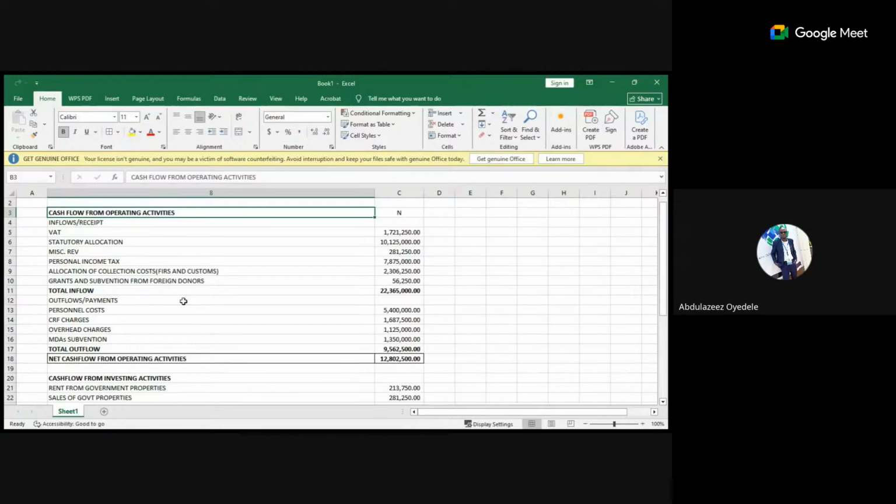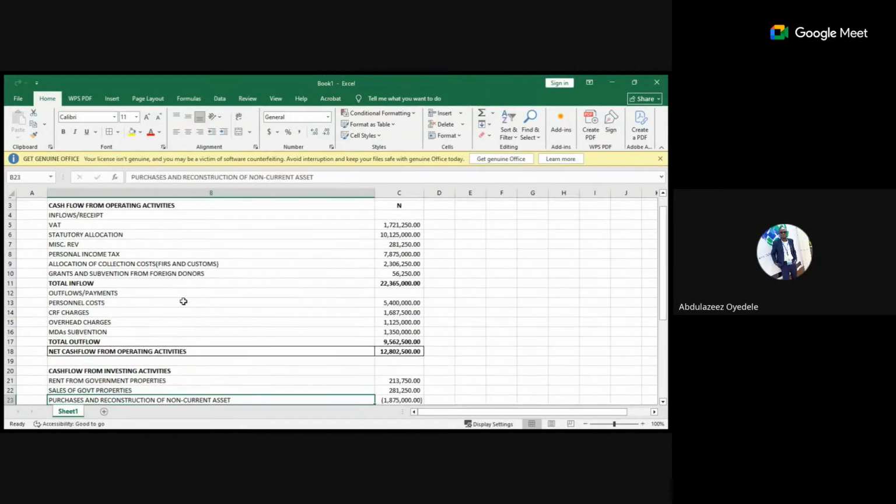And the easiest way to go around it is to make sure that you master items of financing very well, master items of investing very well. If you master these two very well, you know that the remainder is operating.